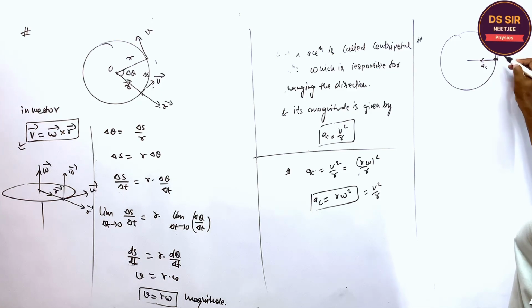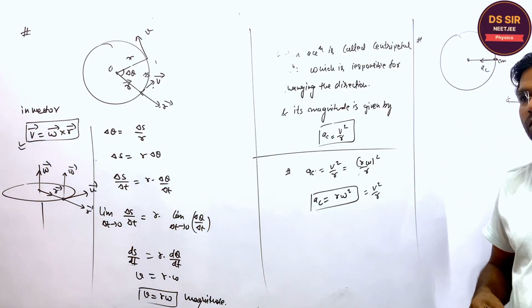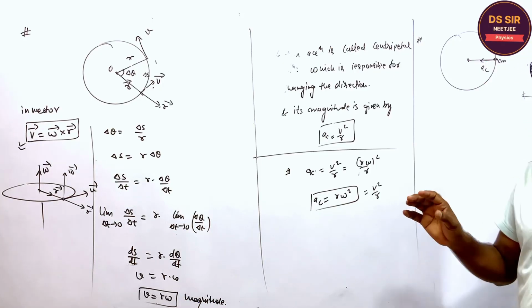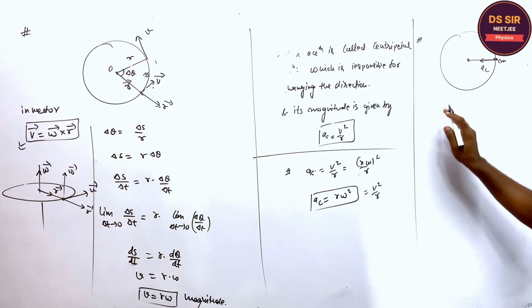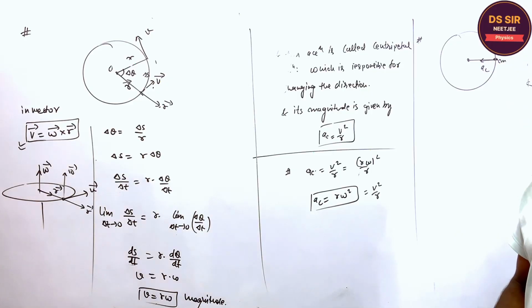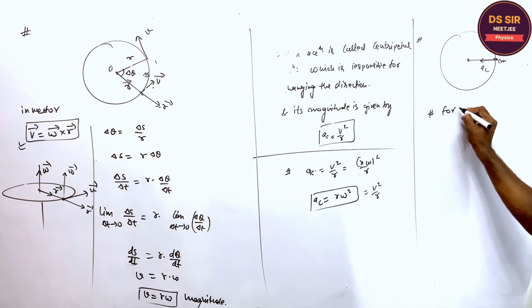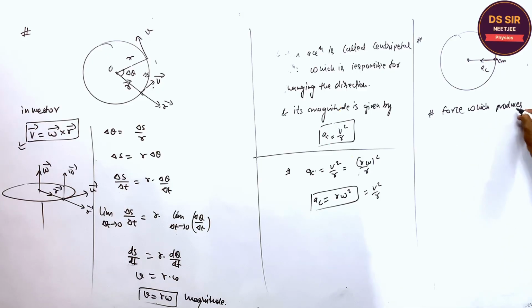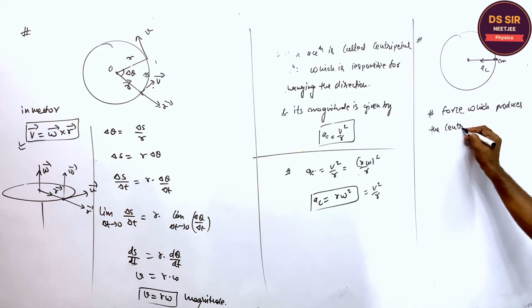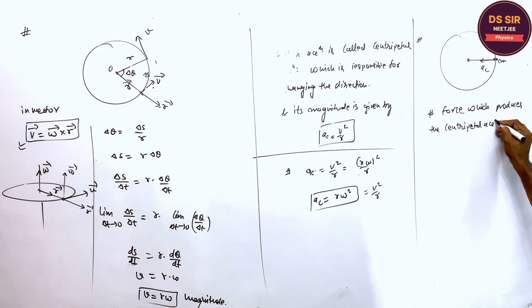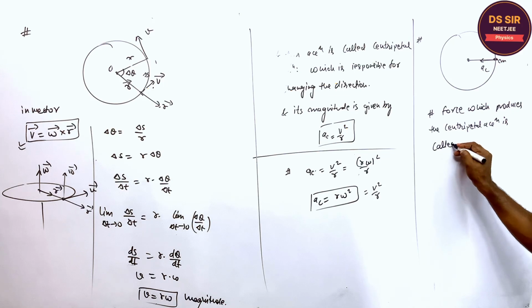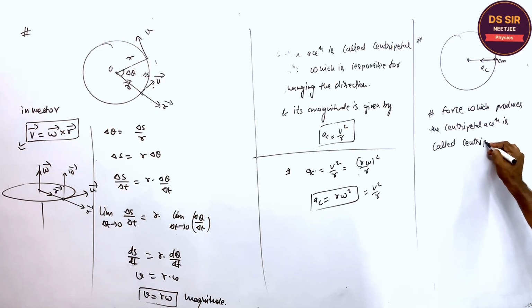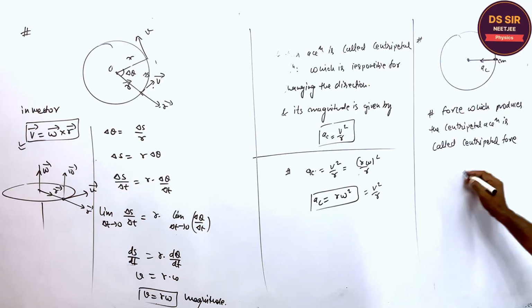So tell me, if there is an acceleration in the motion, there must be some force by which this acceleration is produced, right? The force which produces the centripetal acceleration is called the centripetal force, right?